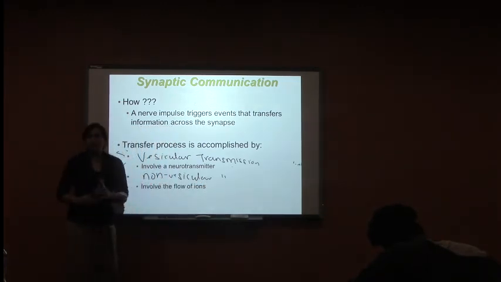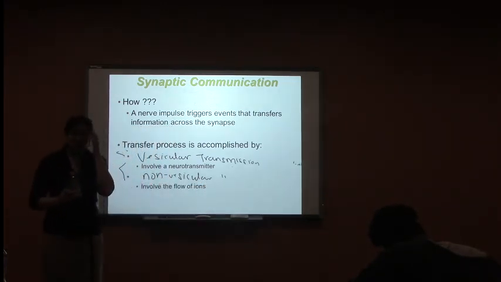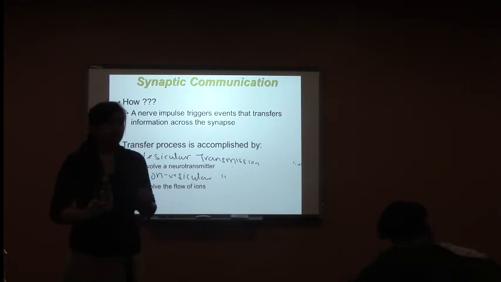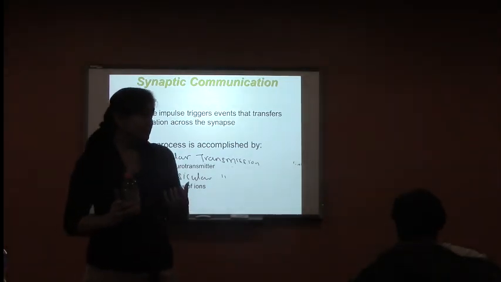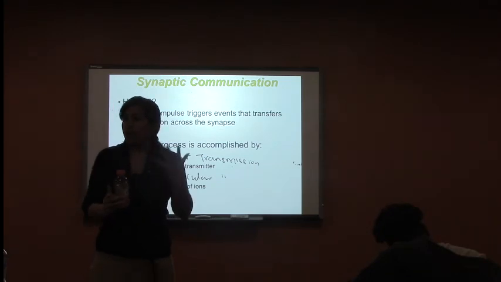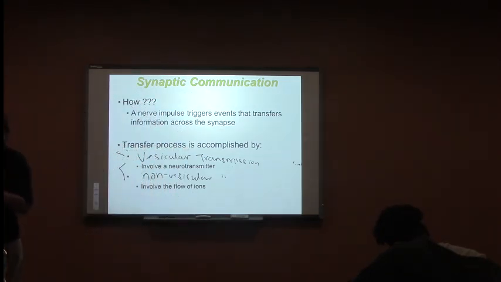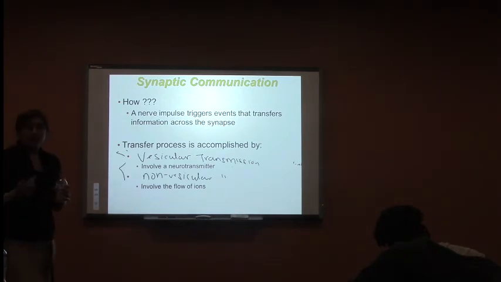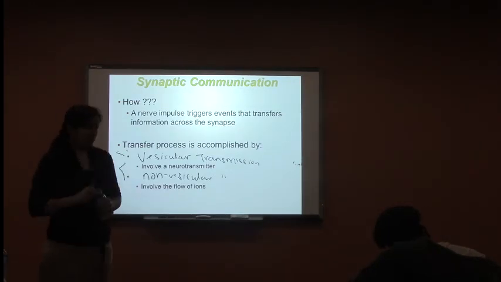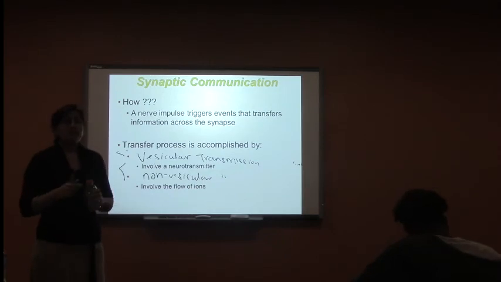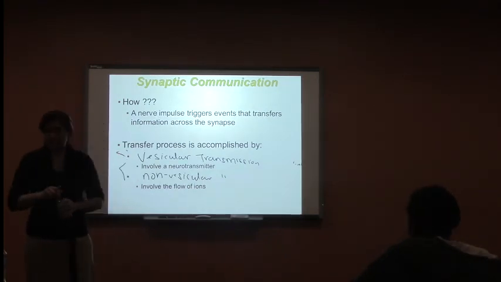Does that make sense? Because remember, in the axon terminal, the neurotransmitter was found within a vesicle, right? Therefore, if it involves a neurotransmitter, it's called vesicular transmission. And the other one is non-vesicular transmission, or vesicular synapse or non-vesicular synapse.